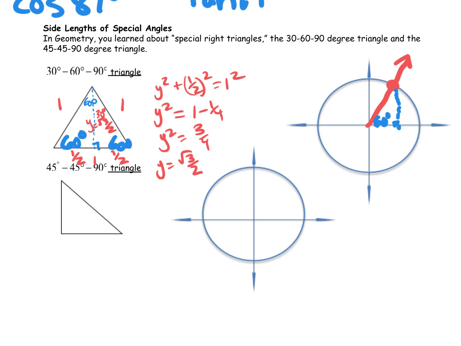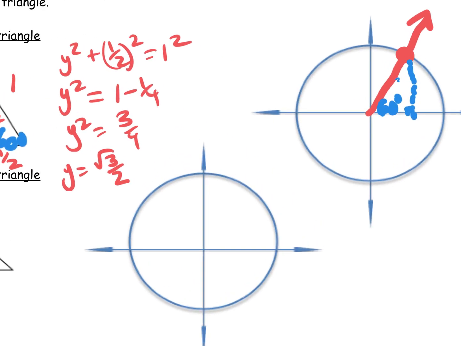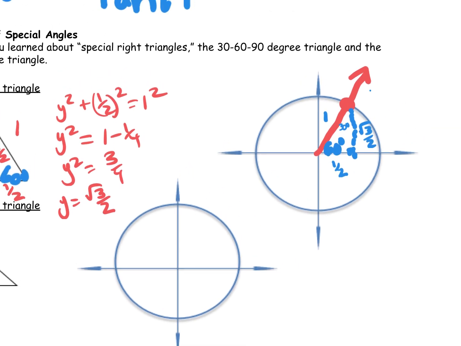This is going to be a 30, 60, 90 triangle. And why is that helpful? Well, that can give me this x and y coordinate of this point here because I know the ratios of the sides. Again, we're talking about a unit circle. So this would be 1. Opposite 30 we said is 1/2. And opposite 60 is √3/2. So what's the x and y coordinate of this point? Well, the x coordinate is 1/2 and the y coordinate is √3/2.